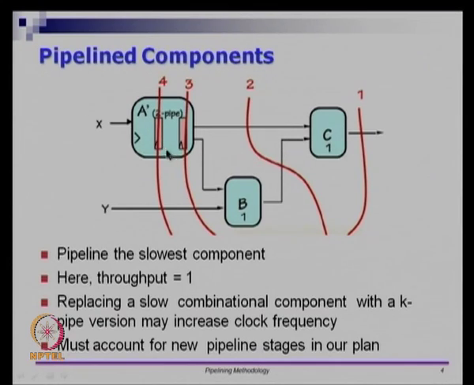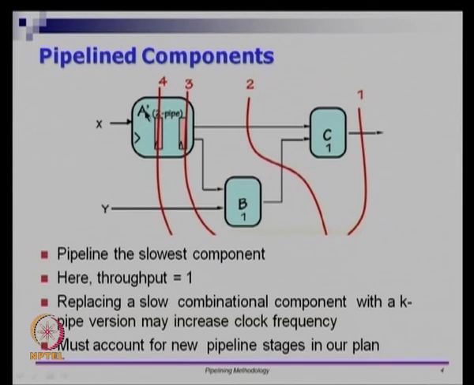Let us say somehow I was able to pipeline A itself, which means I was able to insert a flip flop inside A and I also placed a flip flop at the output of A. I am going to call this pipelined circuit A dash, a 2-stage pipeline. Let us say I broke the 2 time units down as 1 and 1, if that were possible.